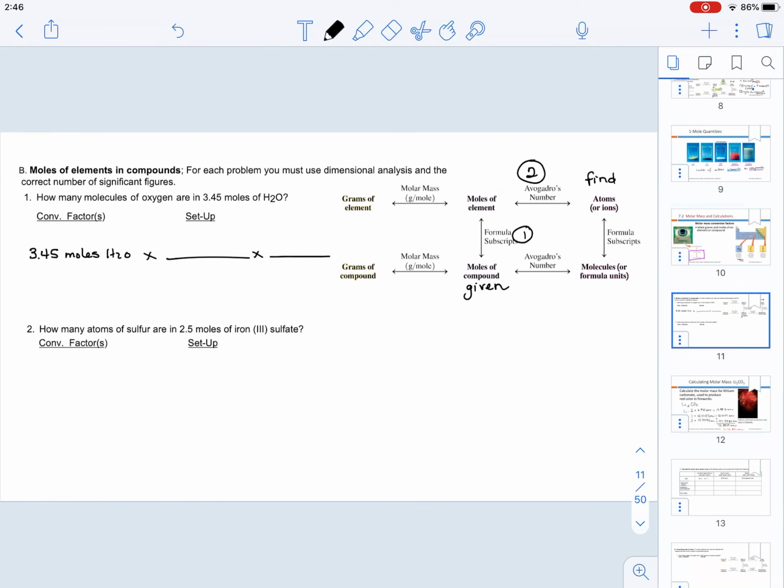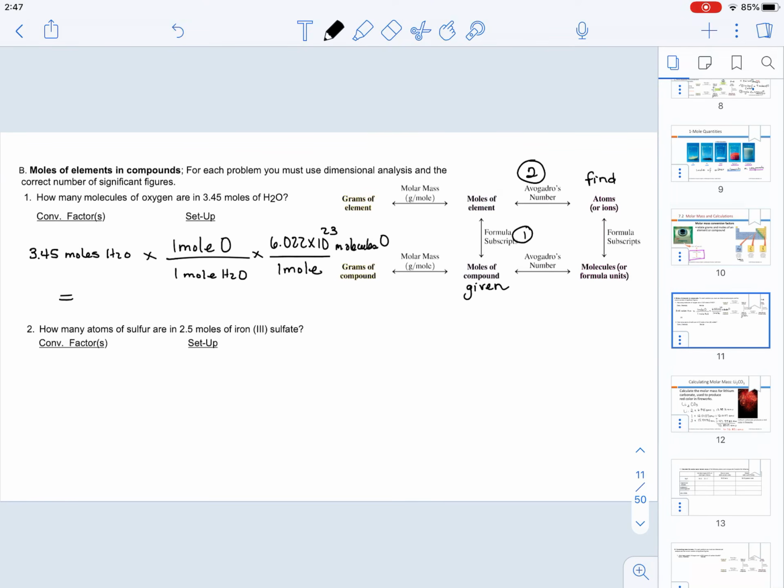The first conversion is the formula subscript, which establishes that in 1 mole of H2O, we have, based on the subscript, 1 mole of oxygen. And then in 1 mole of oxygen, we have Avogadro's number, 6.022 times 10 to the 23rd, molecules of oxygen.